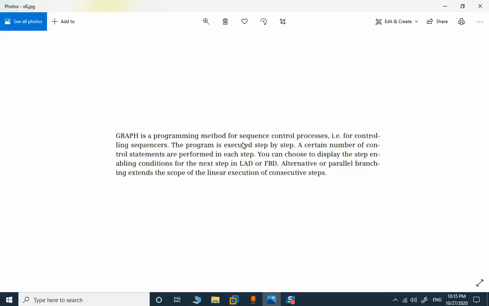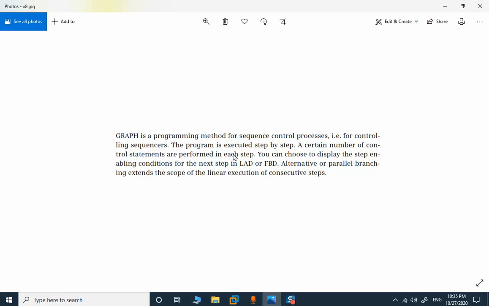With ladder, it's possible, but difficult. You can use Graph, which is the program in Step 7 TIA Portal, and for DCS platforms, we have SFC. The other programming language is CFC, which I will explain later.